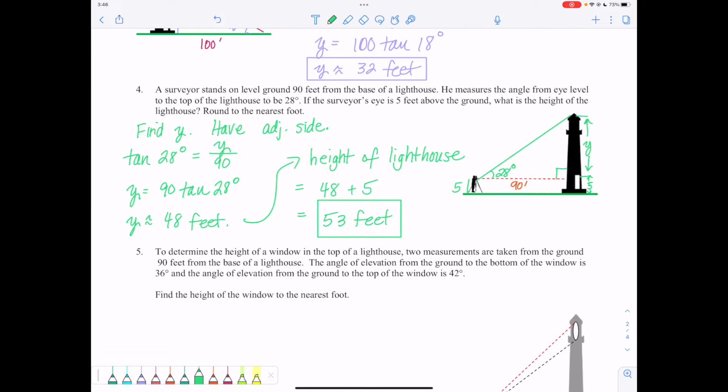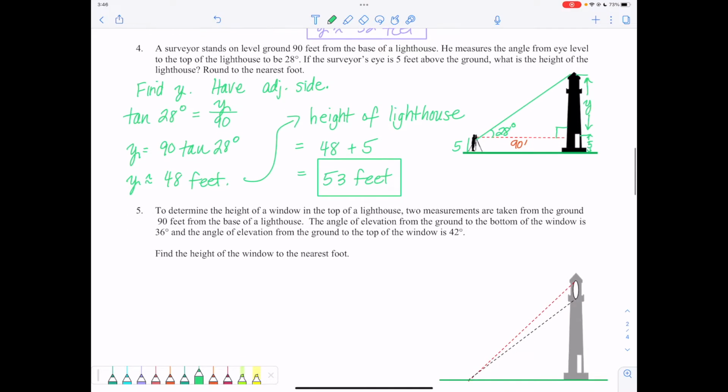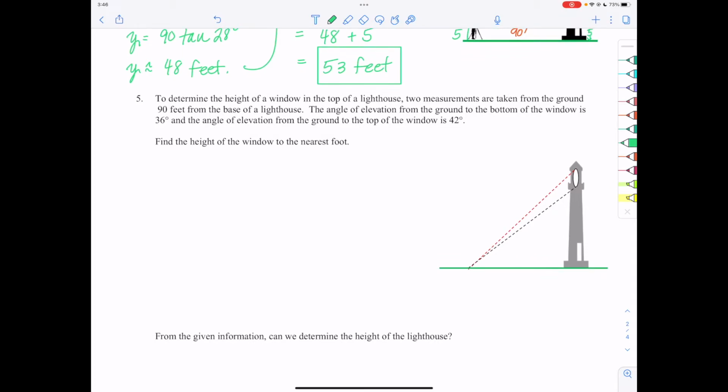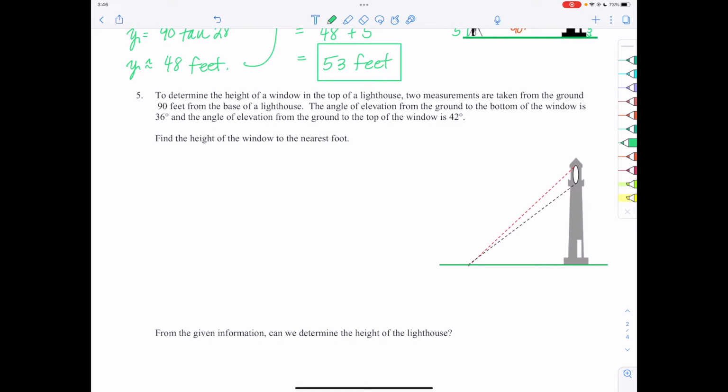Okay, in number 5, to determine the height of a window in the top of a lighthouse, 2 measurements are taken from the ground 90 feet from the base of a lighthouse. The angle of elevation from the ground to the bottom of the window is 36 degrees.